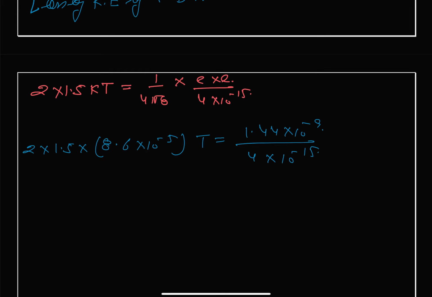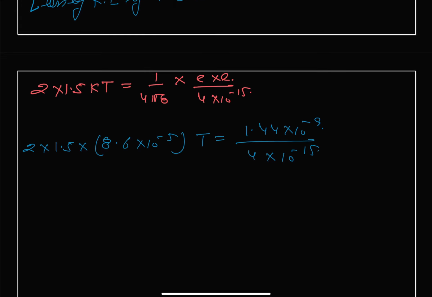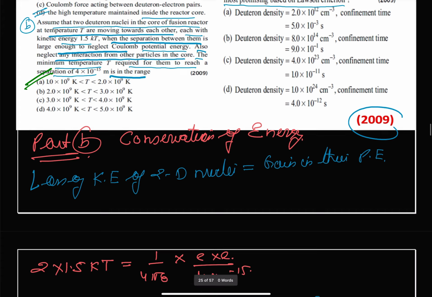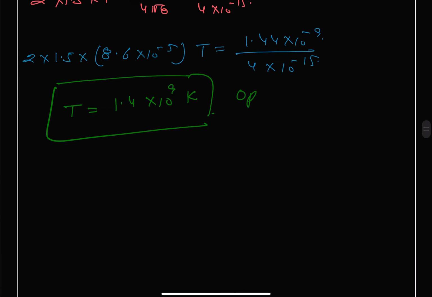We can just straightforwardly solve it because we know each and every value, and this gives us that the value of T will be equal to 1.4 × 10^9 K. So therefore option A is correct.